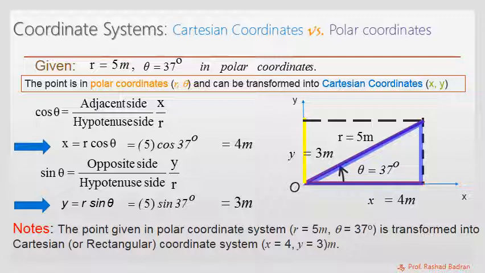In this case, the point given in polar coordinate system as r equal 5 meters and theta 37 degrees is transformed to Cartesian coordinate system with x equal 4 and y equal 3 meters.